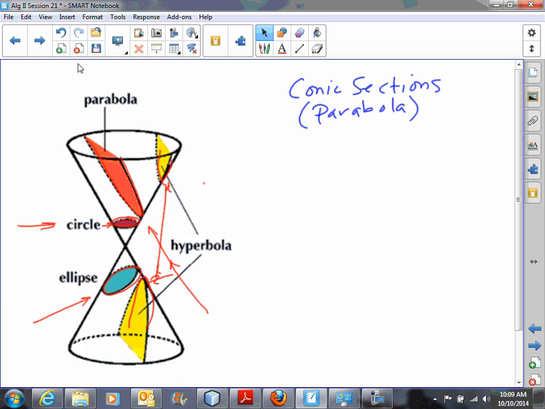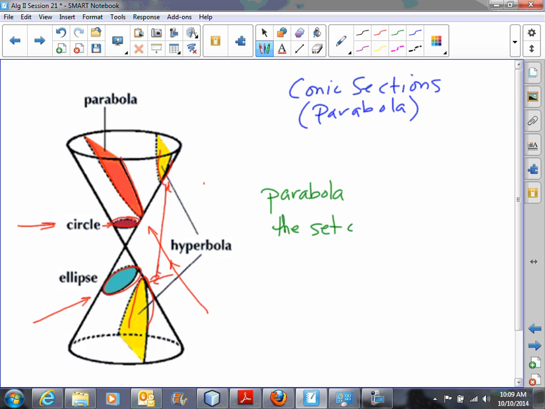Now, the Greeks defined parabolas to be the set of all points. Let me just go ahead and write this. Parabolas: it's the set of all points equidistant.